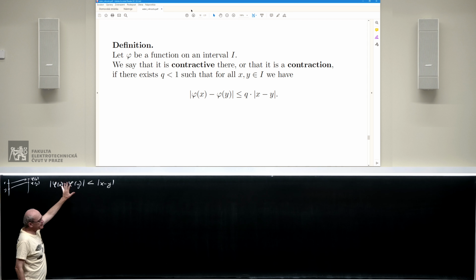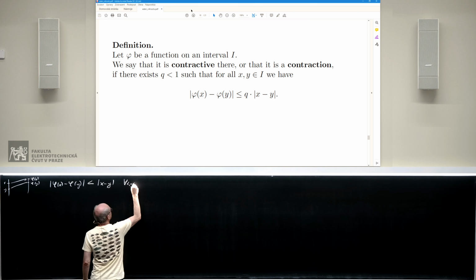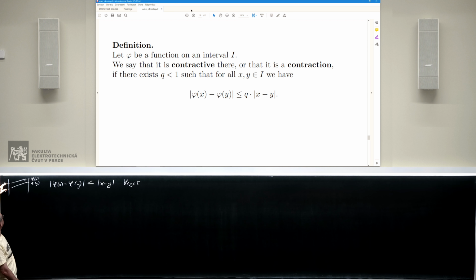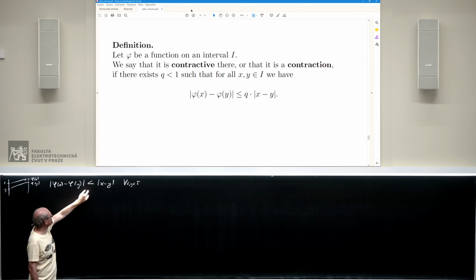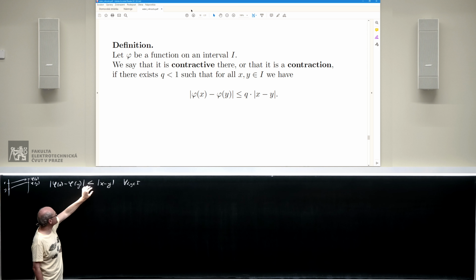But if I leave it like that, and I put this for every x, y from I, then it may happen that as I'm taking different pairs from the interval I, the distances between images are getting closer and closer to the distances between the original pairs. So this inequality may be getting softer and softer, closer and closer to equality.